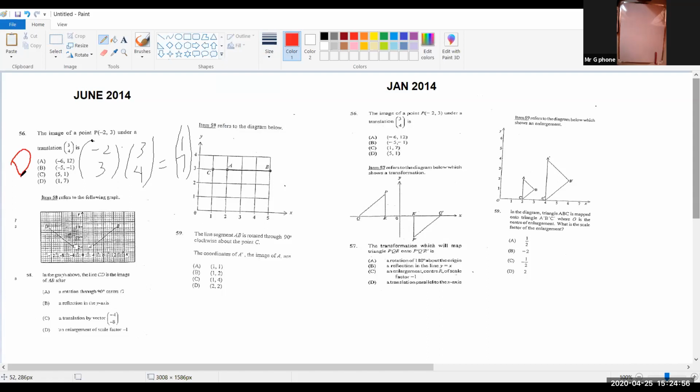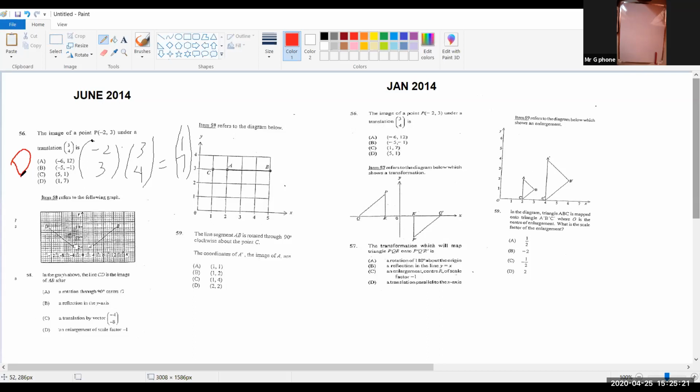Let's look at the other question. In the graph above, the line CD is the image of AB after what? A: a rotation of 90 degrees, B: a reflection in the y-axis, C: a translation vector (-4, 8), or D: an enlargement.